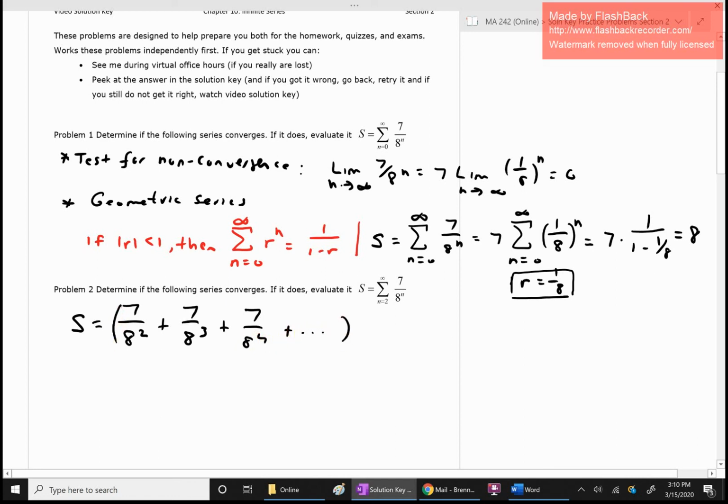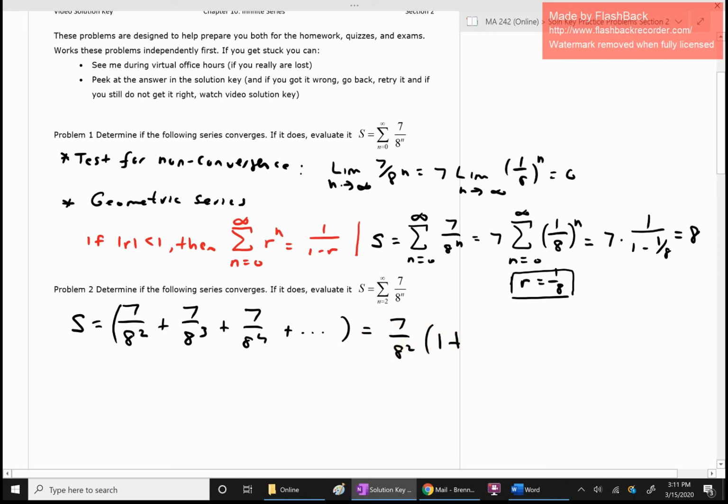And notice that in order to have a geometric series, and this is important, the first term always has to be 1. If you look at the first term, when n is equal to 0, r to the 0 is going to be 1. So I'm going to factor out a 7 over 8 squared. If we go ahead and do that, this will be 7 over 8 squared.